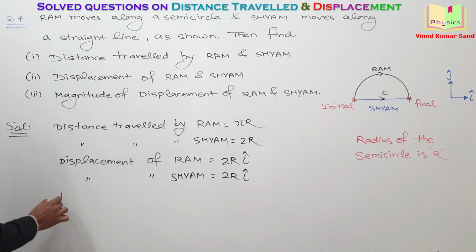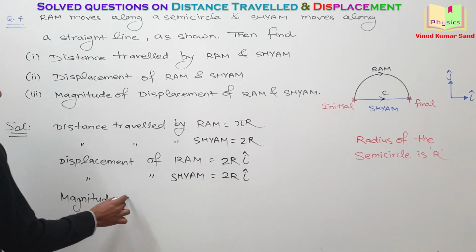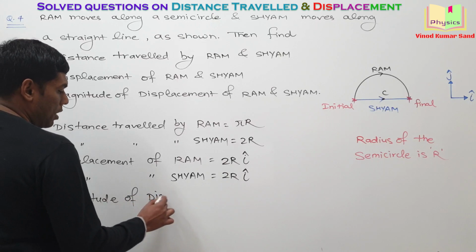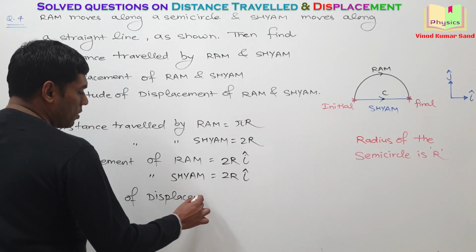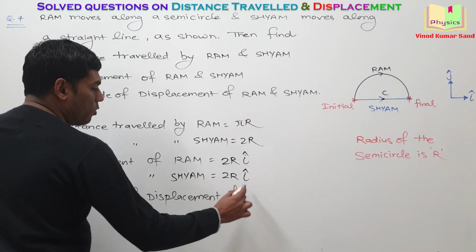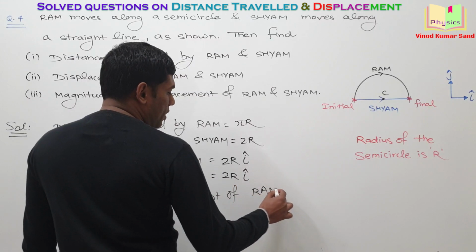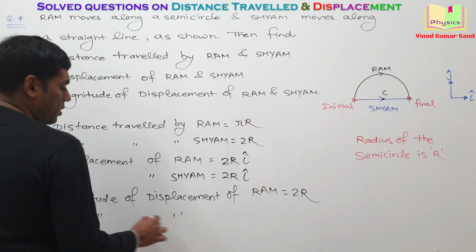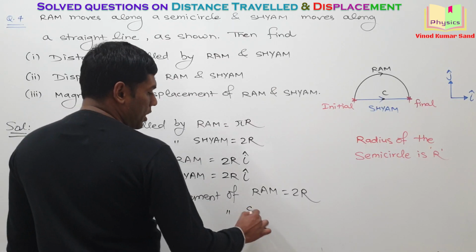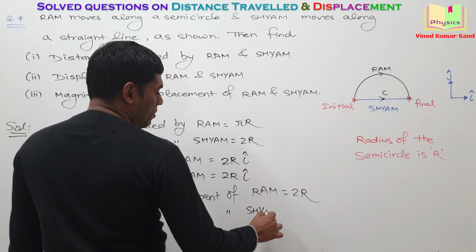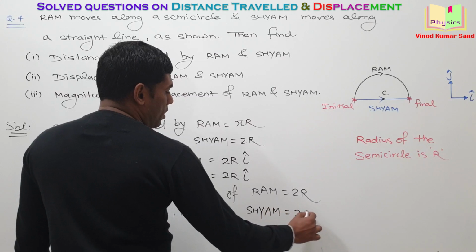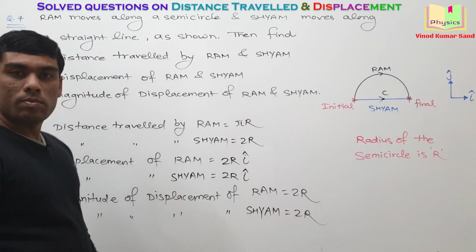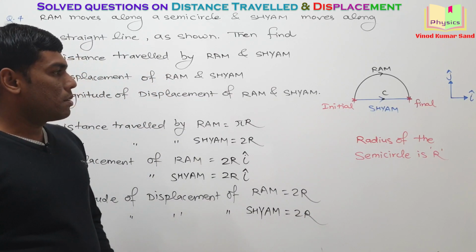And the last part, now everyone can tell the magnitude of displacement of Ram is 2r. The magnitude of displacement of Shyam will be 2r only.